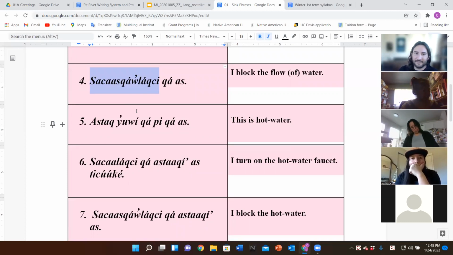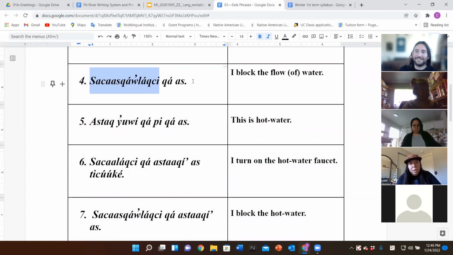Saja Scout Lakji. What was the last part? Ga Us. Got us. Mm-hmm. Saja Scout Lakji got us. Tus.